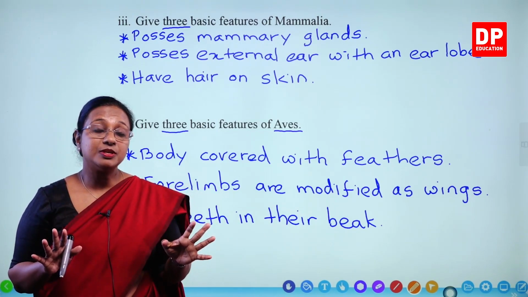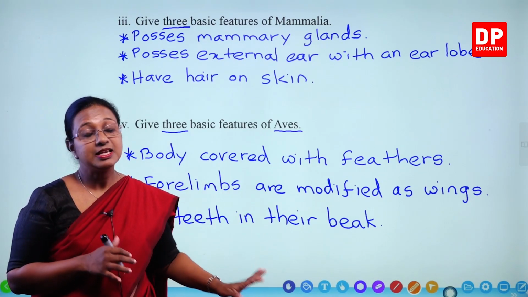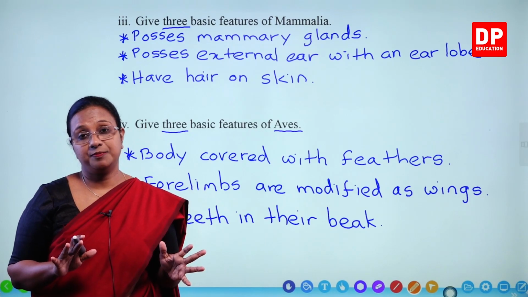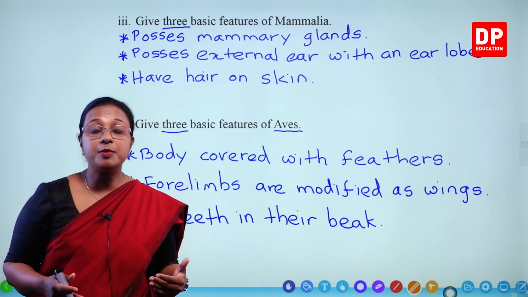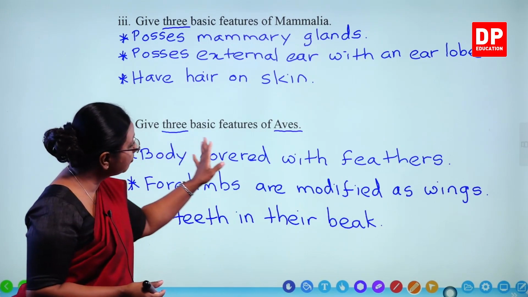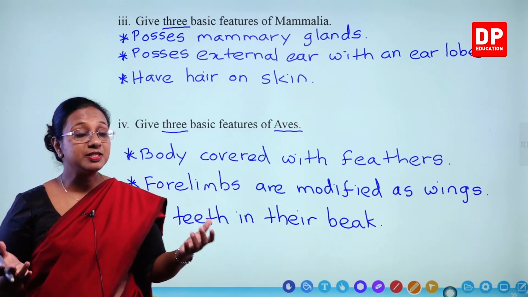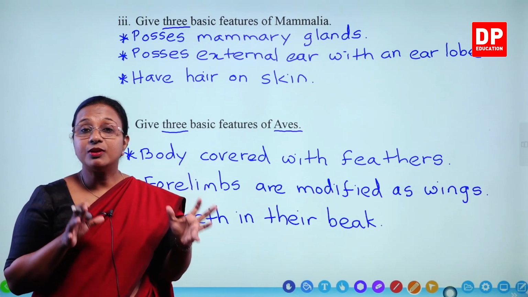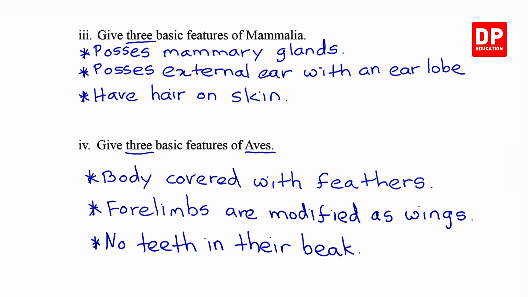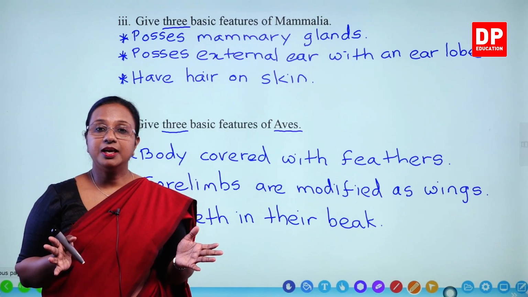So, always students, when you all write answers, unless they ask you for the common property, or if they say write all the properties, you have to write all the properties. But when they say basic properties or 3 special properties, try to write the properties that are only there for that group of animals, not a common property. Is that okay?